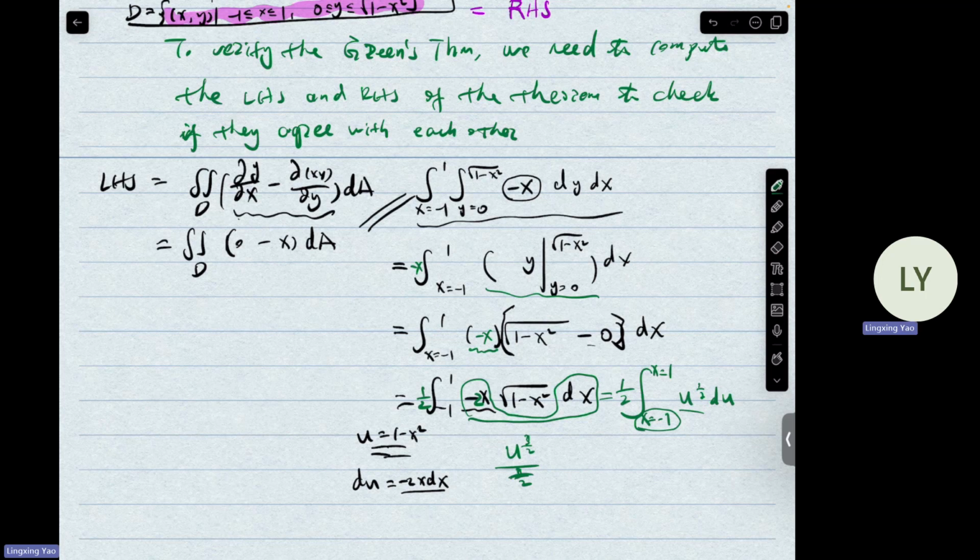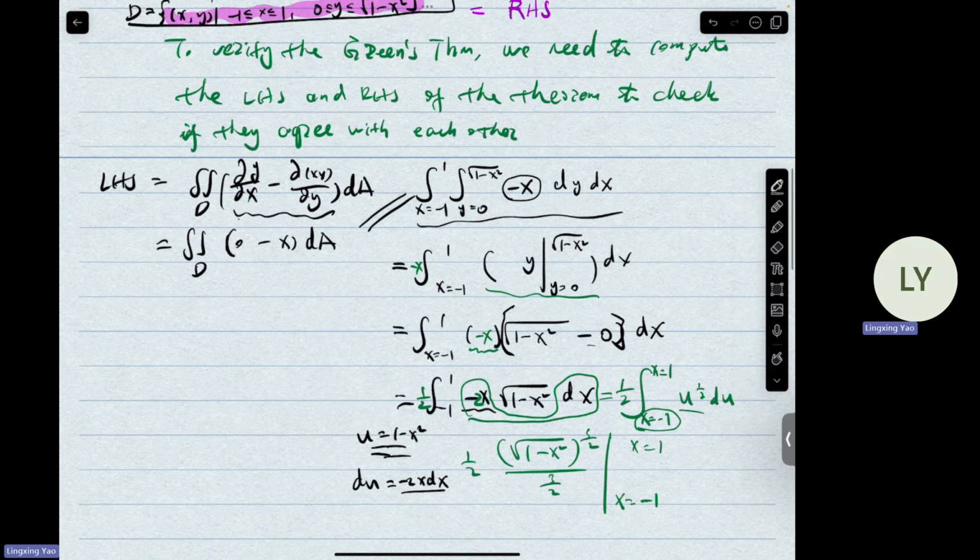We do not really have u, so we want to plug u back, which is 1 minus x squared to the power 3/2 divided by 3/2. We cannot forget there is a 1/2 factor here. And then x is equal to negative 1, x equals positive 1.